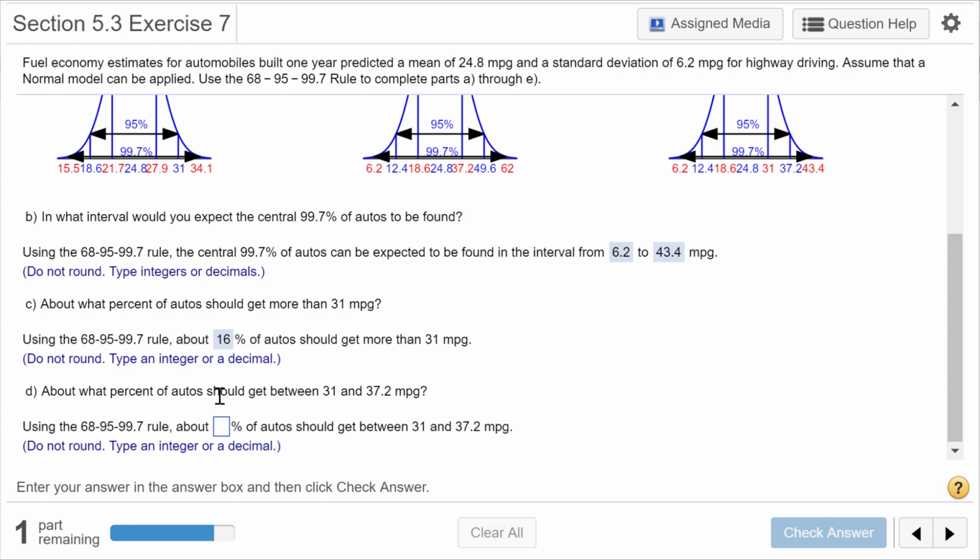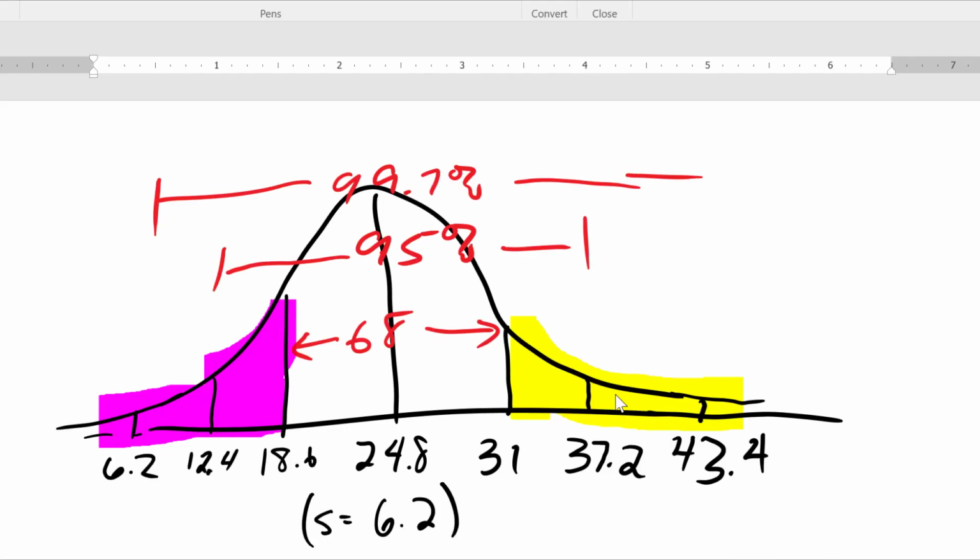Okay, what percent should get between 31 and 37.2? There are a couple different ways to think about this. Now we're looking for this area right here, from 31 to 37.2. What do I know? I know this area here is 68%. This is 95%. So I can subtract: 95 minus 68 is 27.